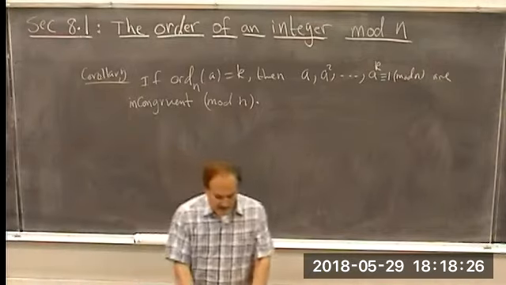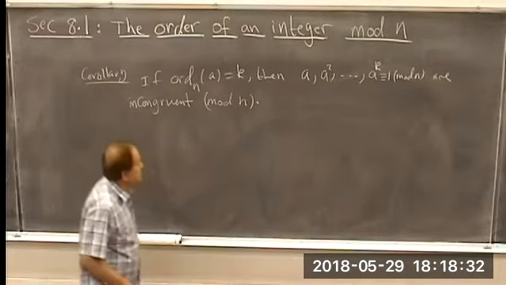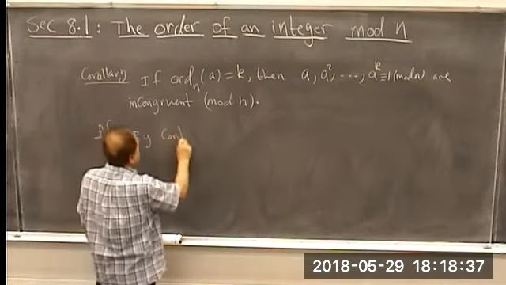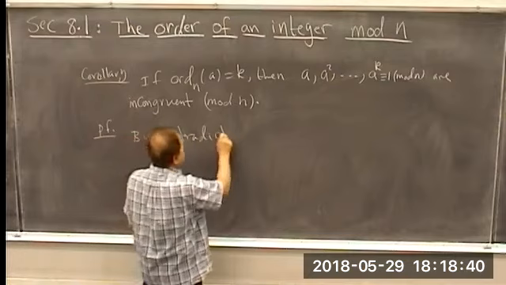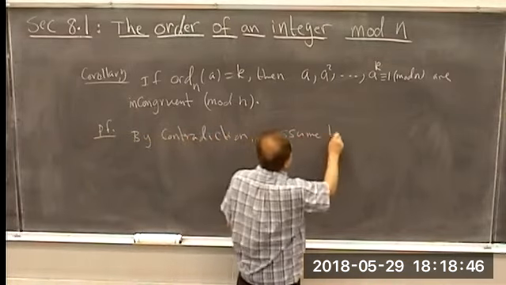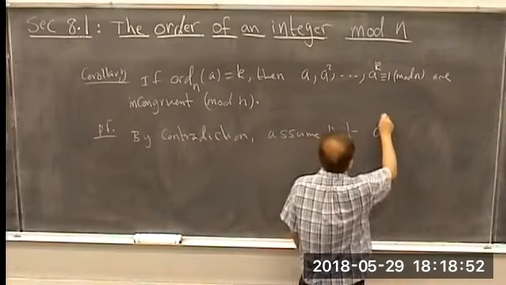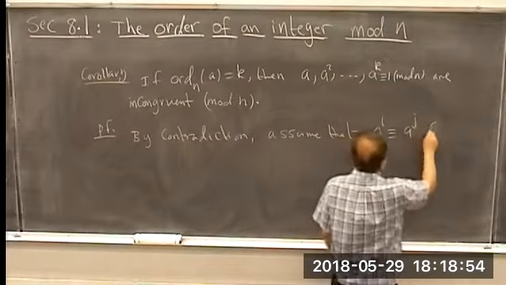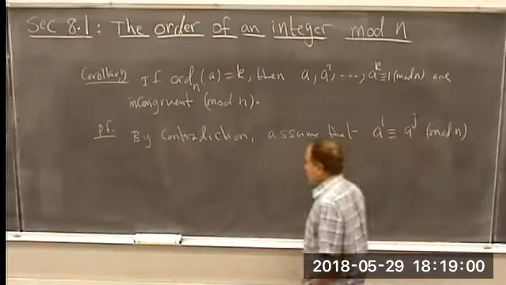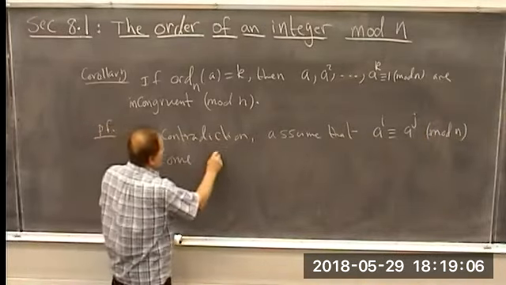All right. So the proof of this, we're going to do this by contradiction. So let's assume that a^i is congruent to a^j mod n for some i and j.